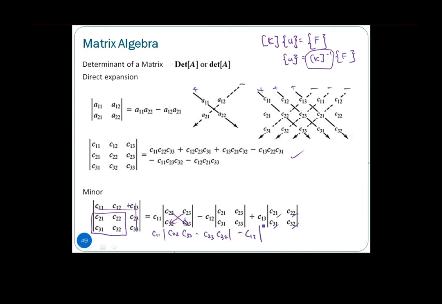Okay, minus C12. Here you have C21 C33 minus C23 C31, plus C13. Here you have C21 C32 minus C22 C31. Okay, so let's just recap. You end up with something similar to what you have seen here, and that gives you the determinant.